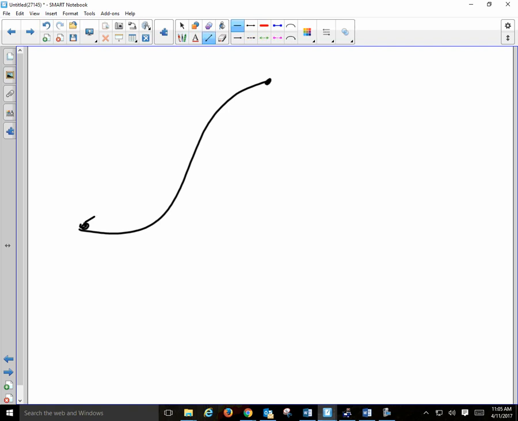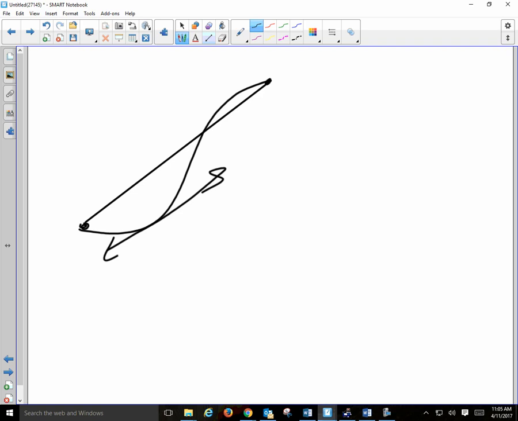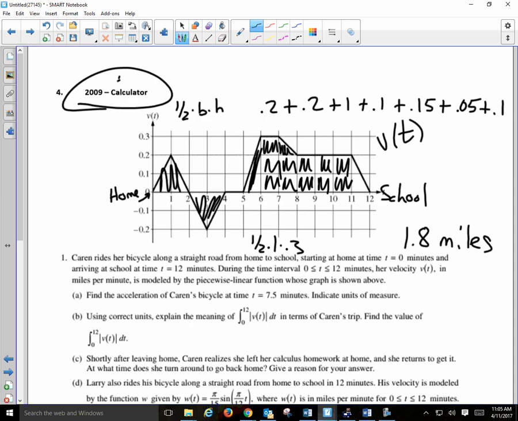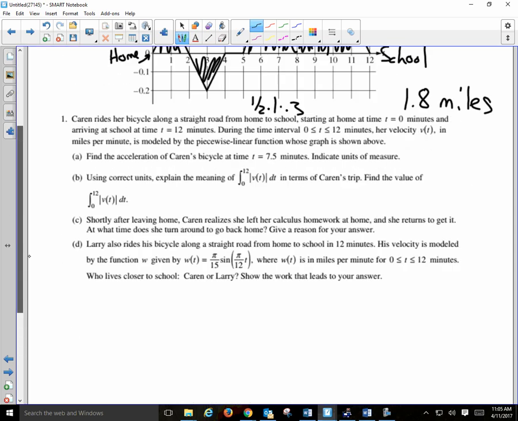Is there somewhere on this curve where the derivative has to have the same slope? Yes. Do you remember what we called that theorem? Mean value theorem. Mean value theorem says if you look at the average rate of change over the entire time, then there has to be some point in between where the instantaneous rate of change is the same.